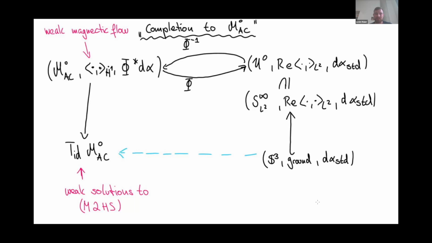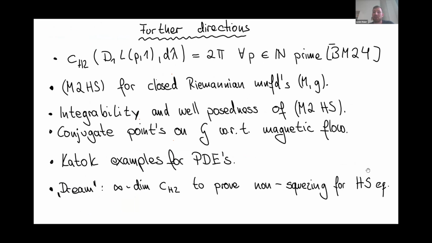And last but not least, I wanted to mention some further directions. The first one is that, together with Johanna Bimmermann, I uploaded a paper some weeks ago on the Hofer-Zehnder capacity of disc tangent bundles of length spaces, and we computed that they're independent of the prime P. And the main method here is that we used magnetic billiards induced by the magnetic flow on S3.